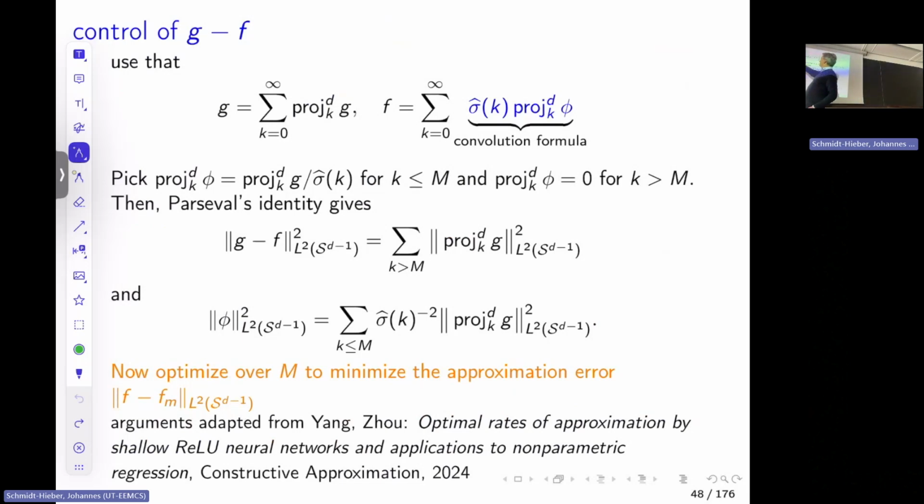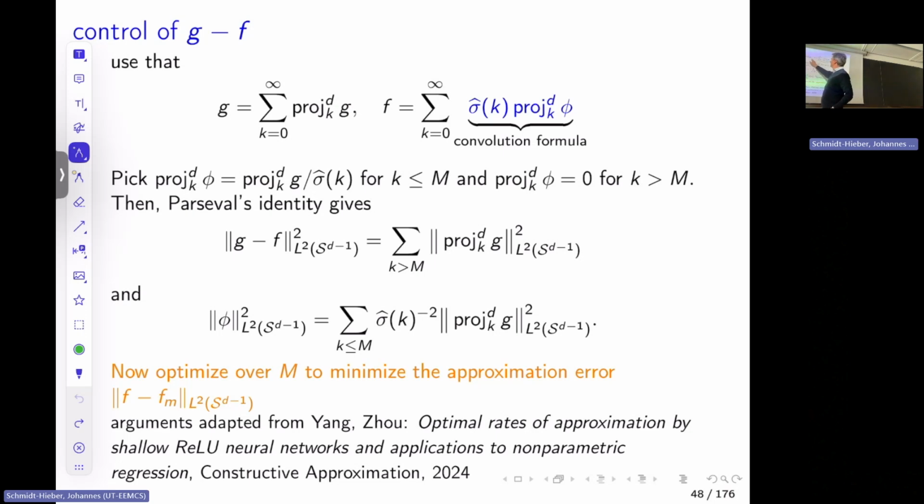The whole approach works as follows. We have a target function that we want to approximate with our shallow neural networks, and this one is called g. Harmonic analysis allows us to write it as a sum and project onto these spherical harmonics. We can do the same with the infinite width network, and then we can write it in this form.